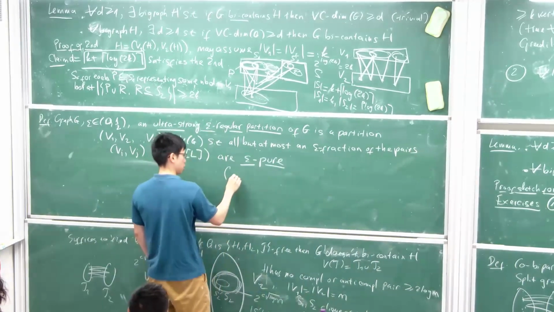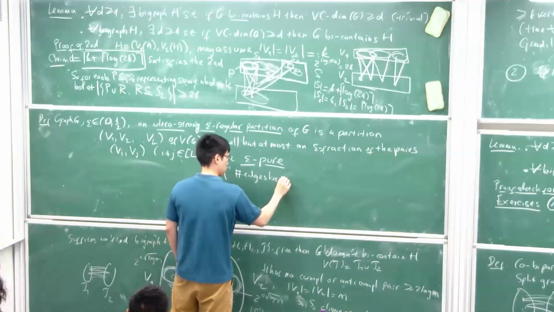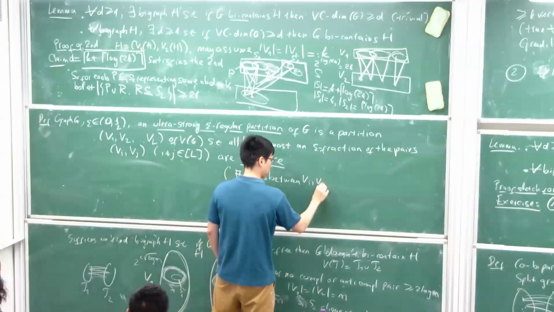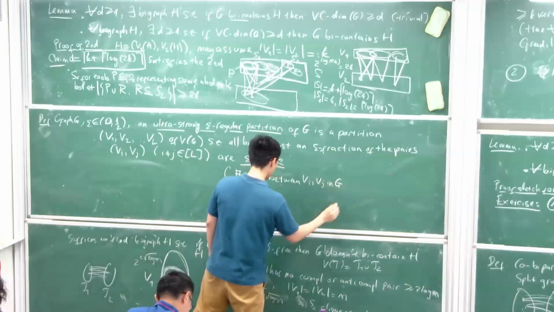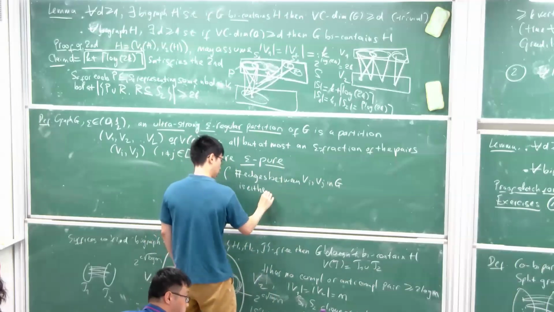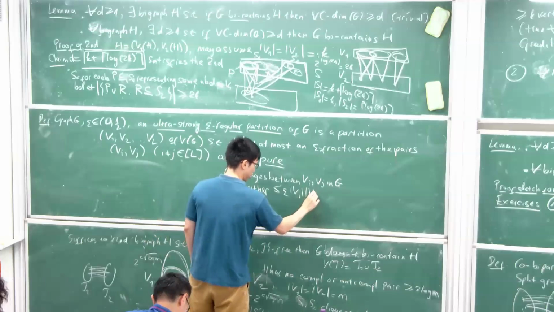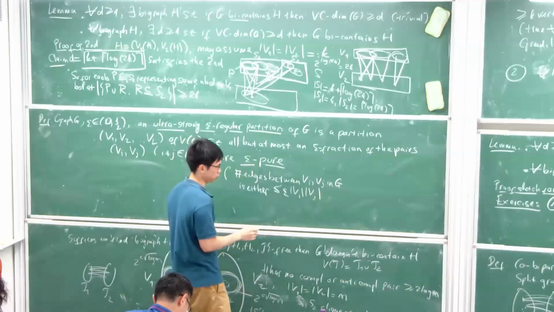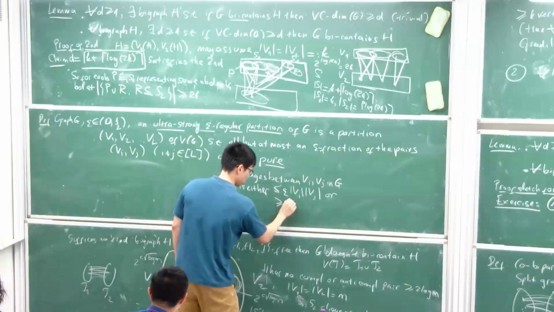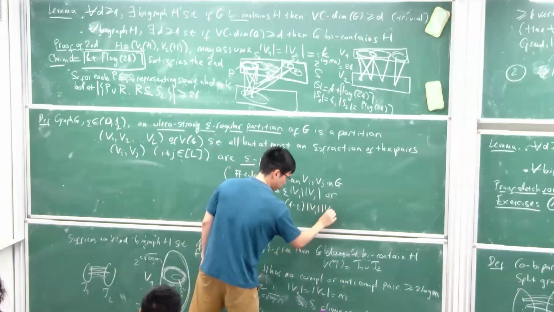This means the number of edges between BI and BJ in G is either at most epsilon times the product of the sizes of the two subsets, or at least 1 minus epsilon times the product.